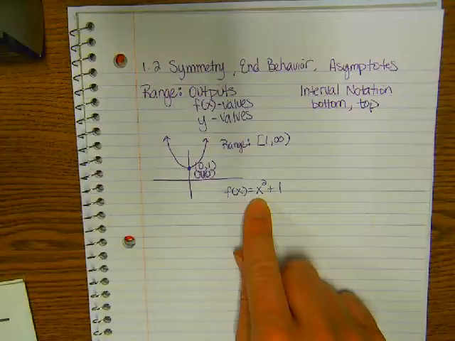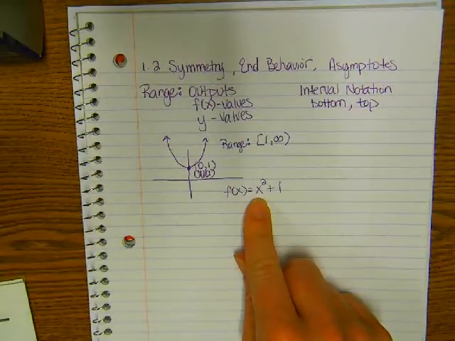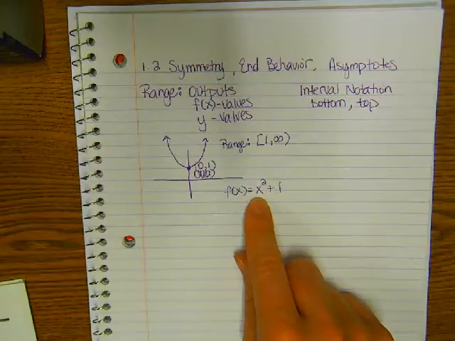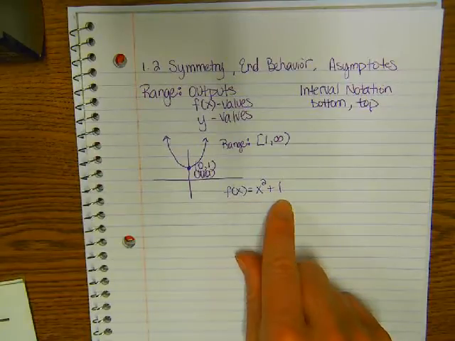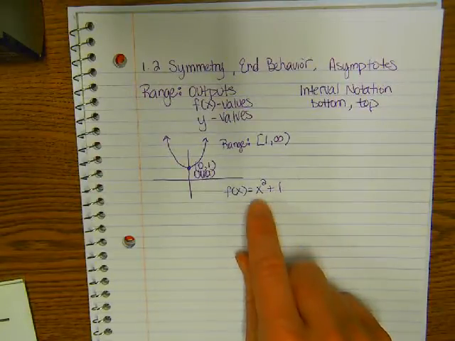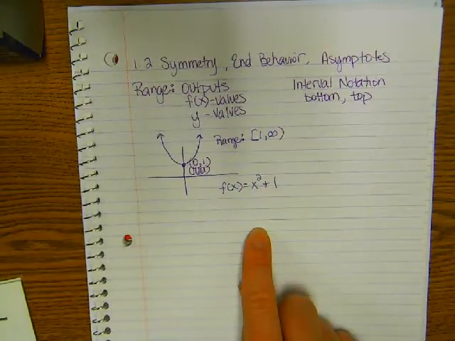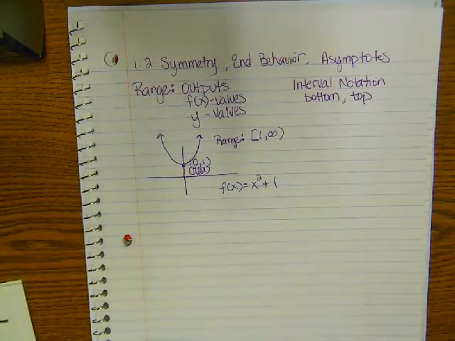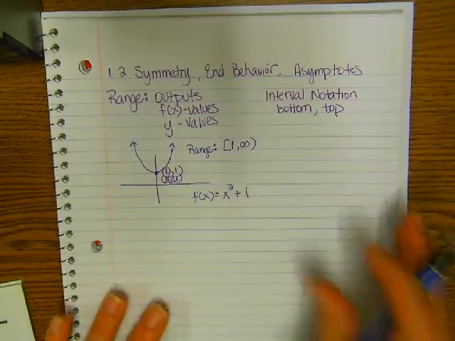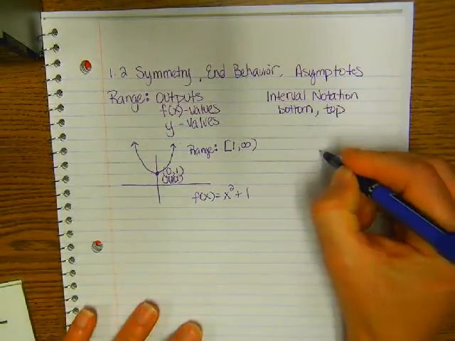Because if you put negatives in and you square them, they become positive. So the smallest thing that this would output would be 0, agreed? And then I add 1 to it. So I'm hoping you understand then the smallest value that this function would output would be 1, and then it would go up from there. Okay? All right. I'm going to do another one that you might see.